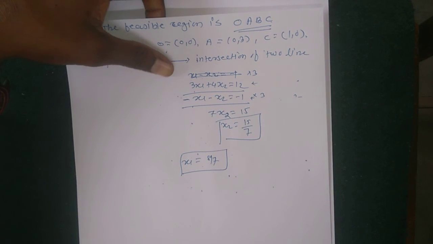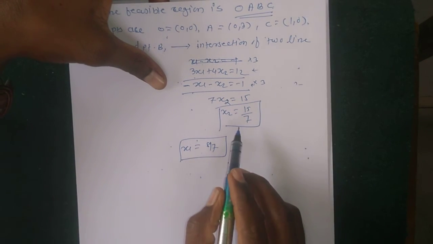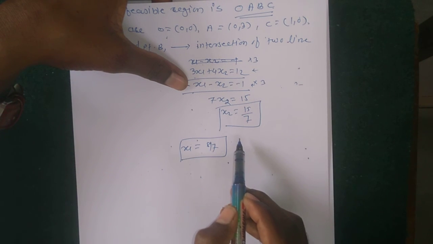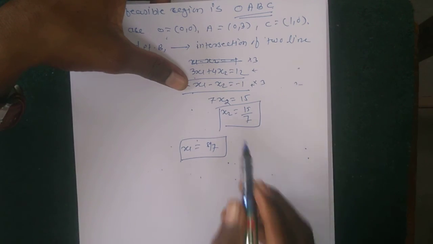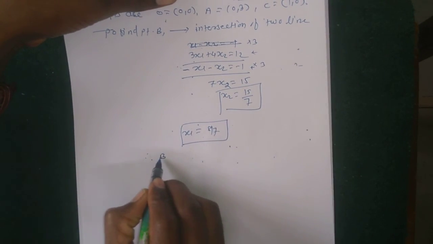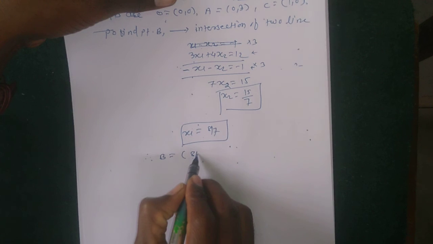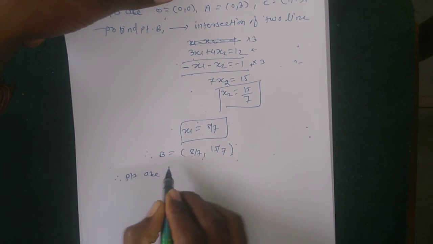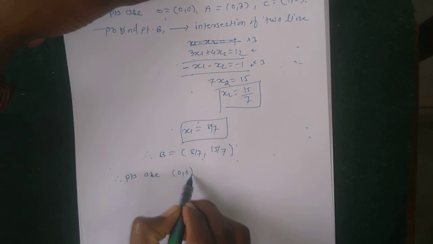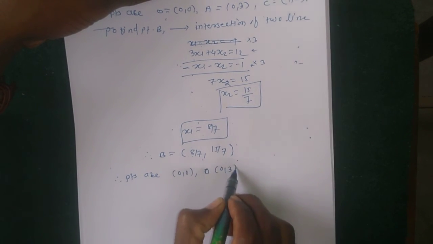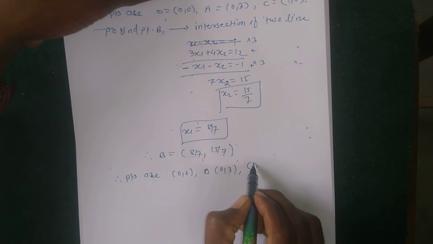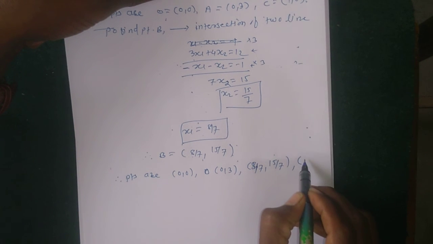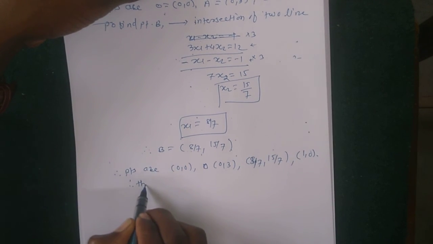Check: 8 by 7 minus 15 by 7 is minus 7 by 7, which is minus 1. Therefore point B is 8 by 7 and 15 by 7. Therefore the points are 0 0, 0 3, 8 by 7 and 15 by 7, and 1 0.